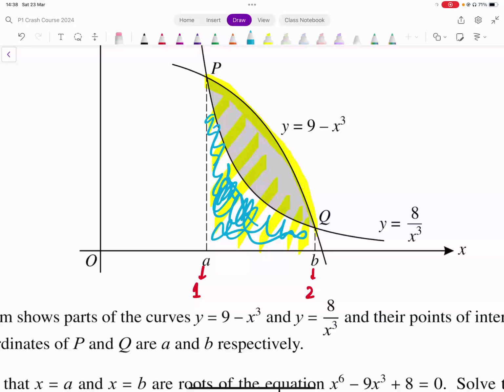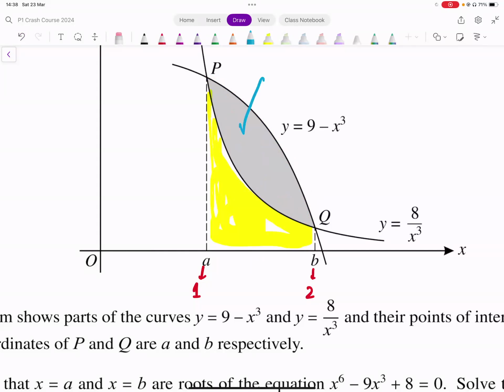So when we find the area between the upper curve and the x-axis, that will give us this additional region as well. So now what we do is subtract from that the area between the lower graph and the x-axis. And that is going to leave us with this shaded area in the middle. So we find the area under the upper curve and subtract from that the area under the lower curve. And that gives us the shaded region between the two graphs. That's all that you've got to do.